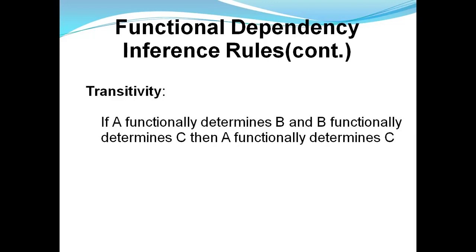Next is called transitivity. I'm sure everybody knows transitivity. Transitivity means what? If A determines B, B determines C, then you can say A determines C. Very simple.